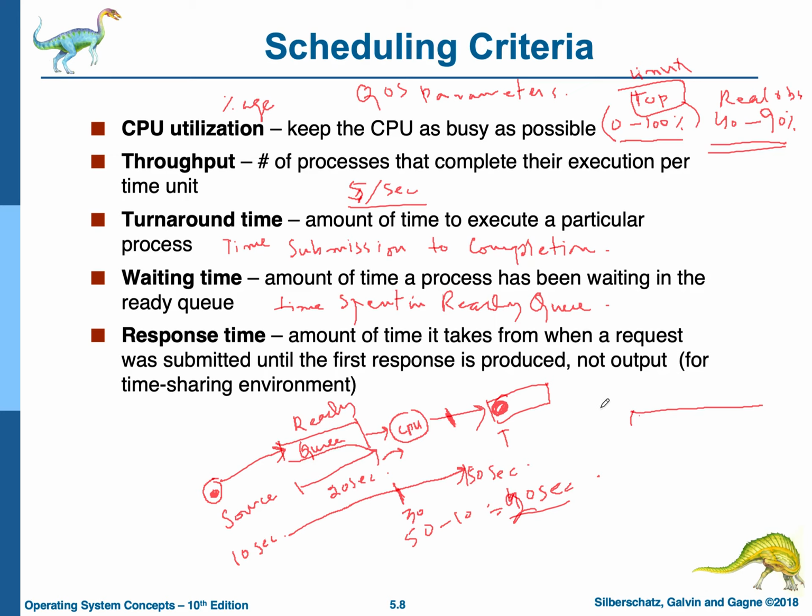So submitted to first response, right? The time it takes to start responding, not the time it takes to output the response. Okay, so when it has started to get the response.